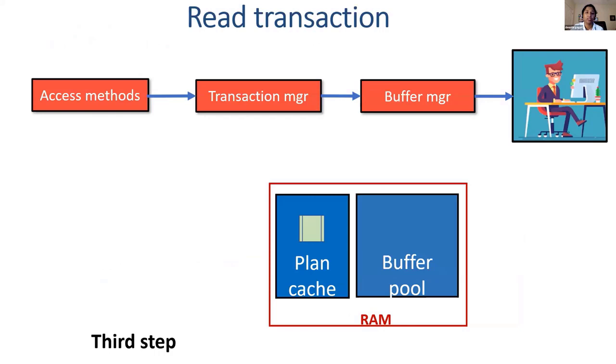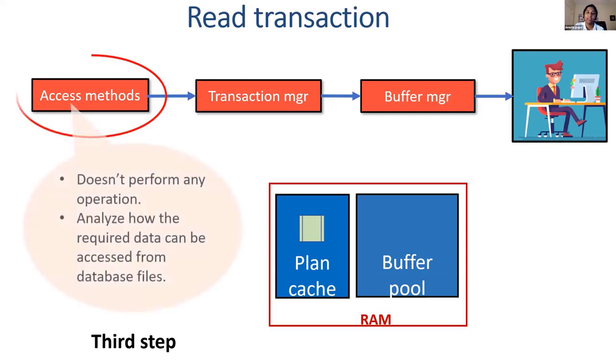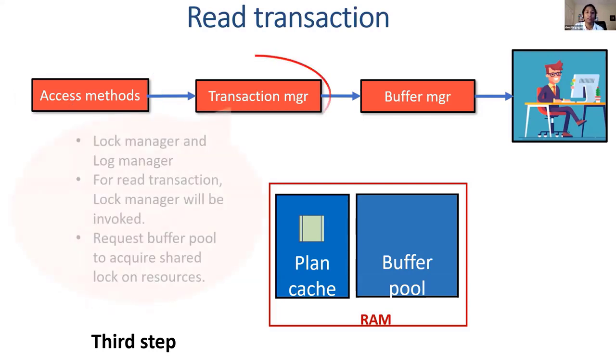The changes between the read and the write are with the transaction manager and the buffer manager. Once the query has reached the access methods, the access methods themselves don't do any operation, but they analyze how to gather all the data from the database pages. So the query will now be sent to the transaction manager.